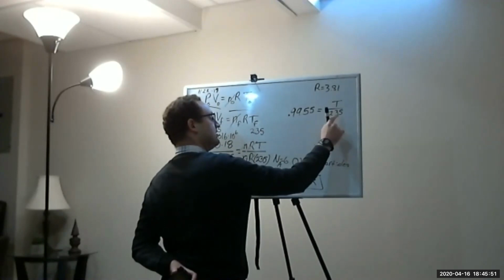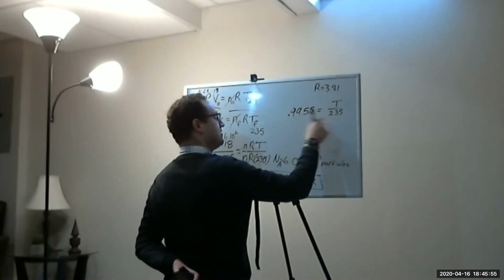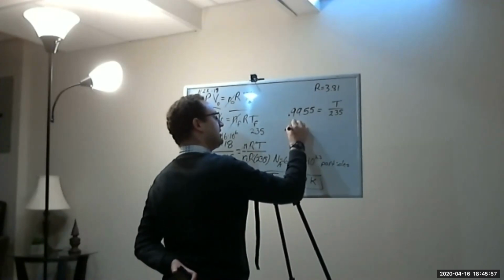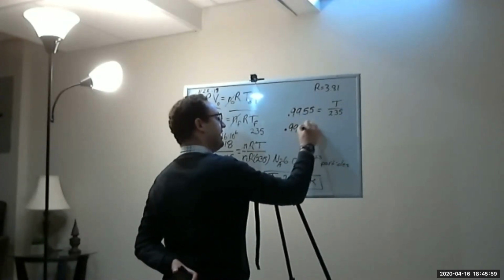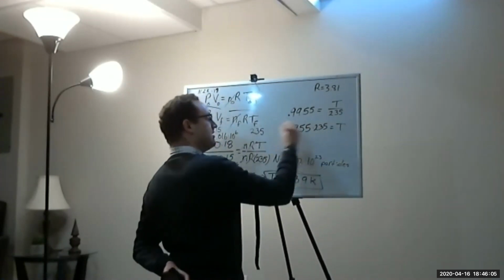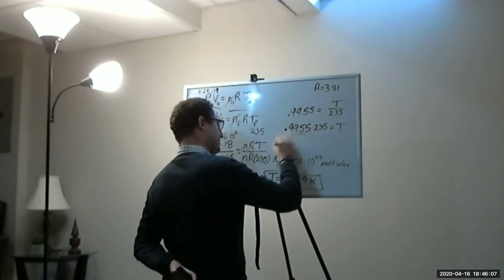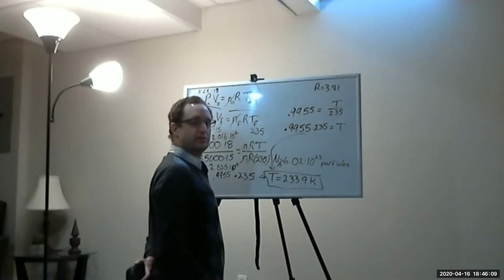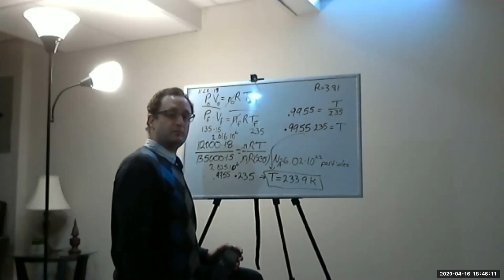In order to get the T by itself, I multiplied both sides by 235, such that I have 0.9955 times 235 equals T. Well, that then is this. Make sense? Okay.